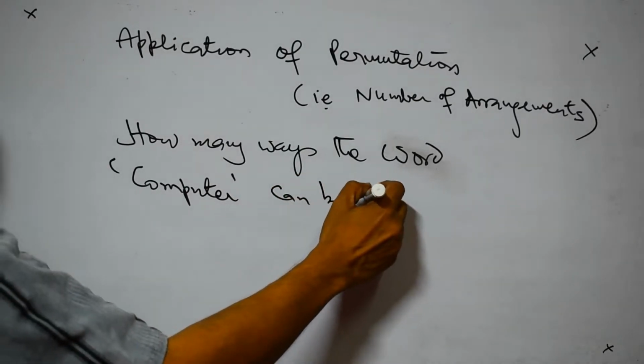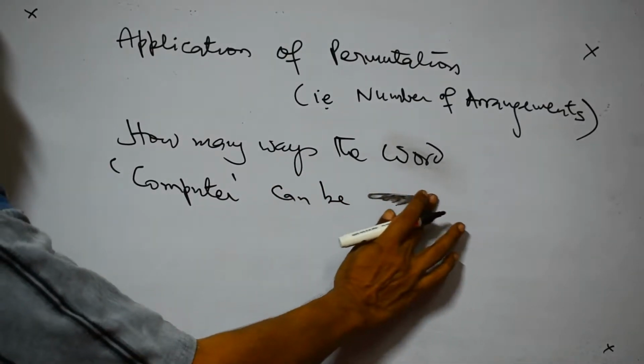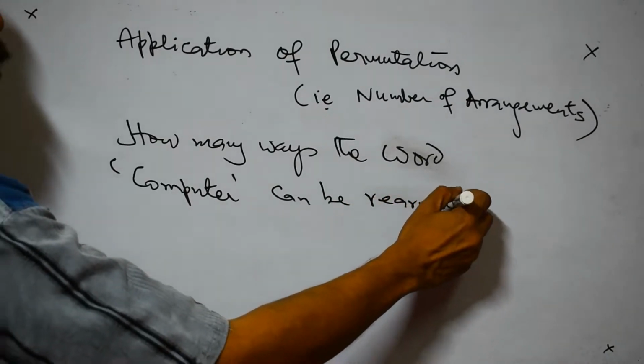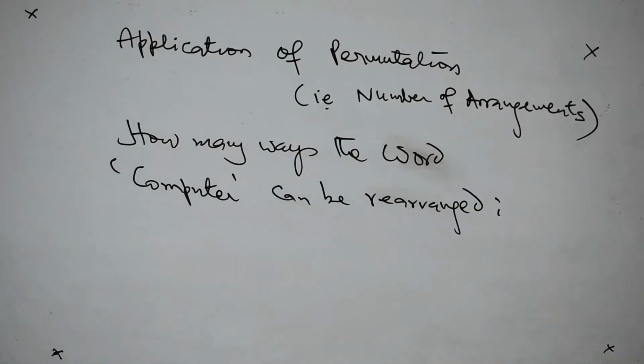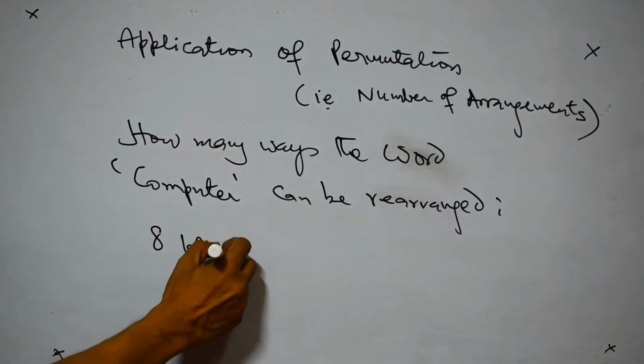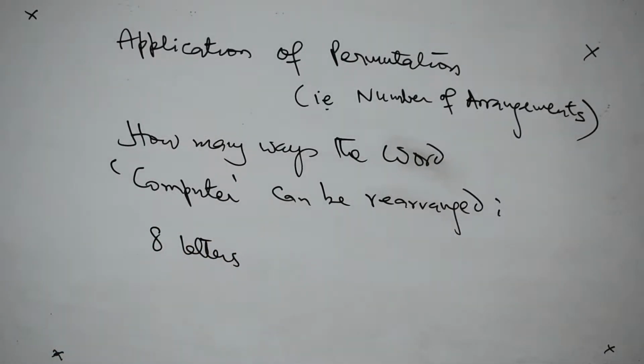So this question is regarding rearrangement of the word computer. In the word computer, there are a total of 8 letters, all different.